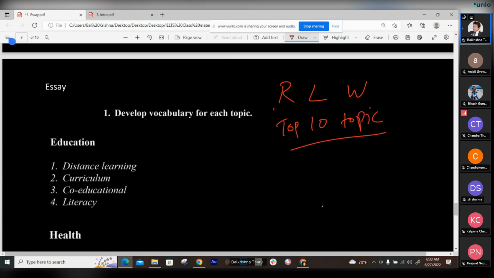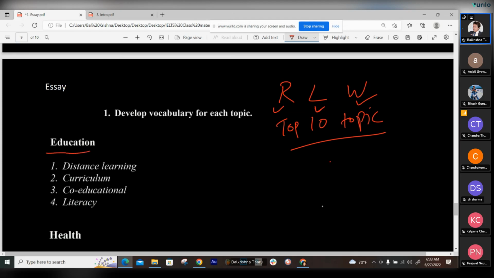When you read, listen to, or watch information on the top 10 topics, when you come across words for each topic, you need to write them down.